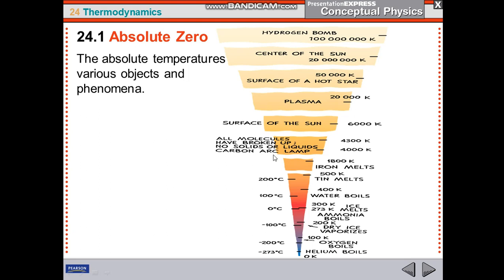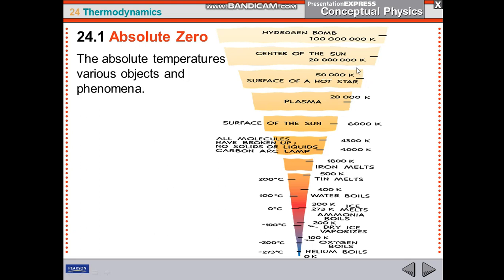Then here you can see carbon arc lamps. Then here 6000 Kelvin, the surface of the sun. Then when you go on top, you can see 20,000 Kelvin, that is plasma. Plasma is the fourth state of matter. It is at high temperature. And then above that, the surface of a hot star, 50,000 Kelvin.